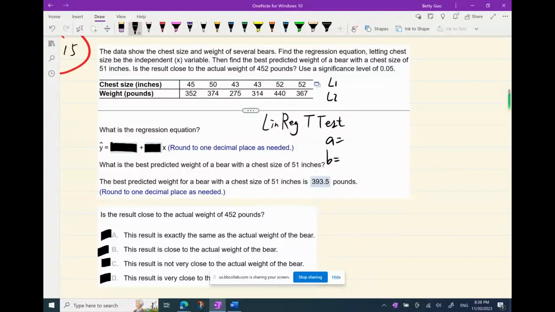I probably have to do this in order to know if this is a good model or not. I'll do it with you, this one.